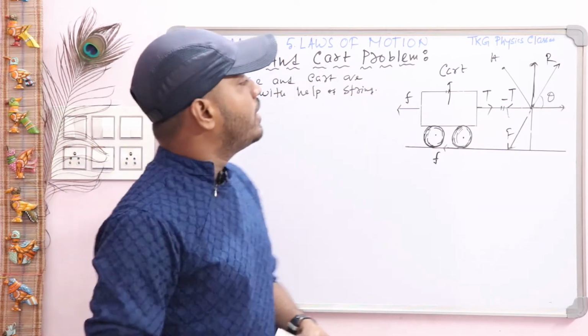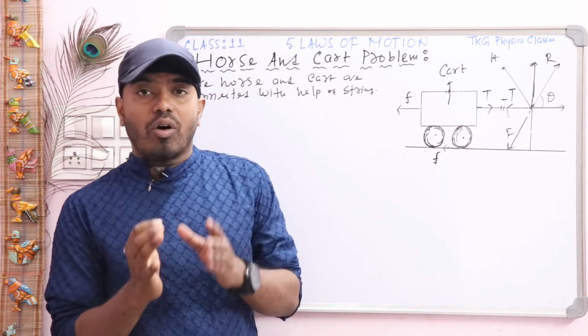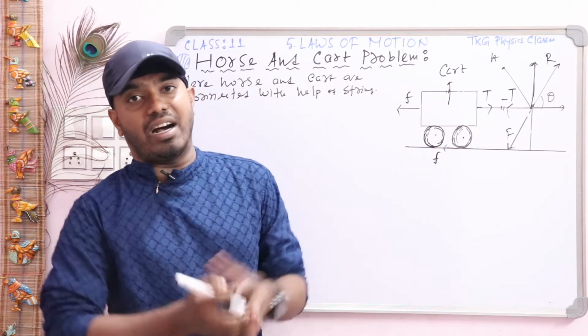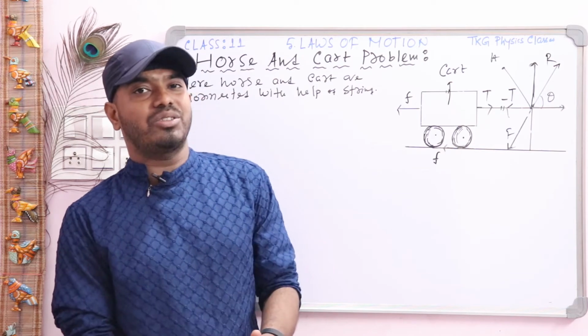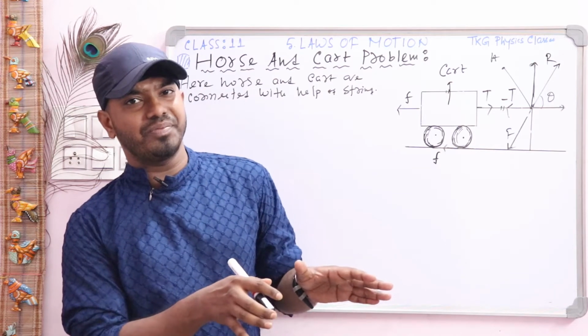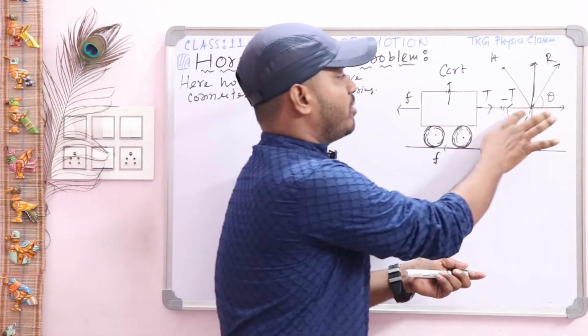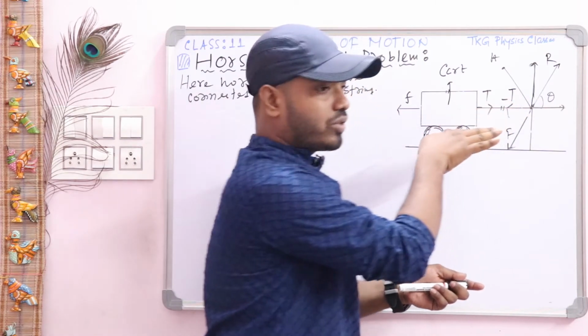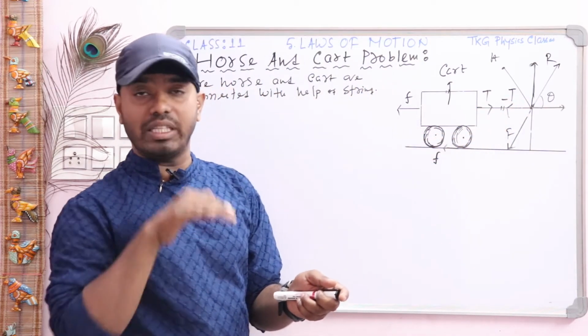Okay, now you see, when the horse pulls the cart, obviously the horse applies a force. When the horse pulls the cart, the horse applies a force named tension force in the forward direction.